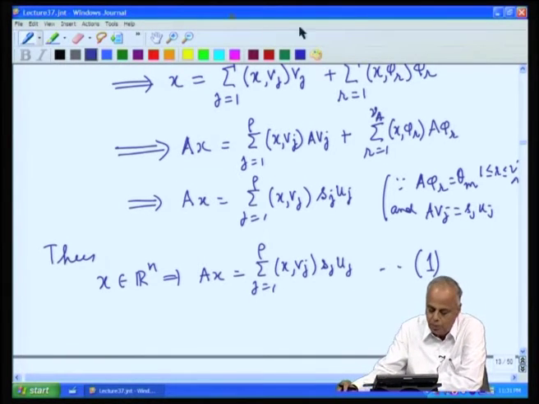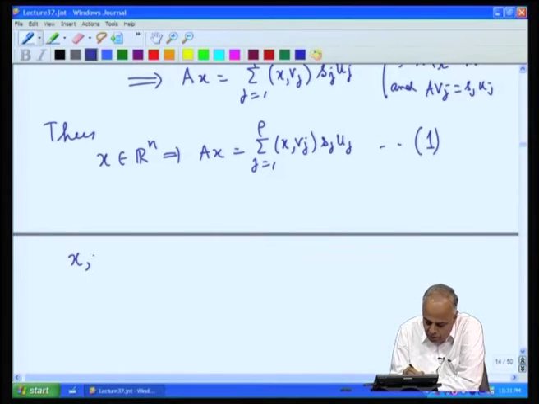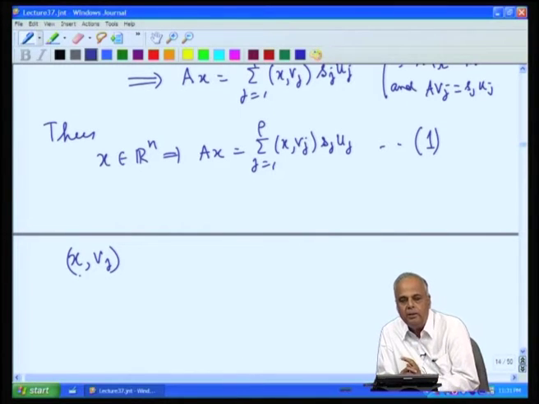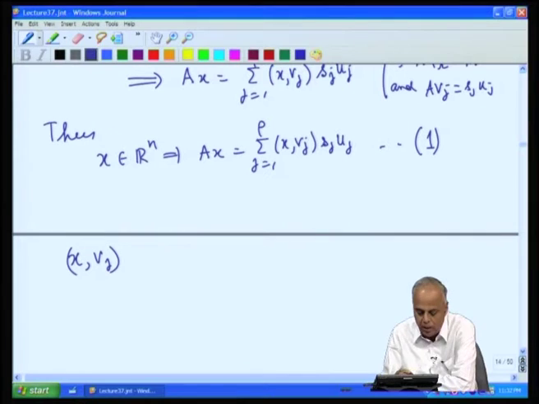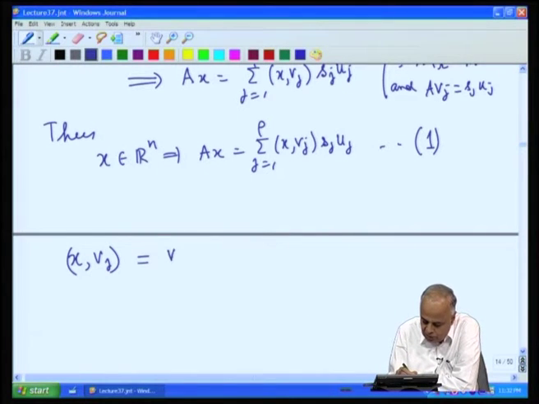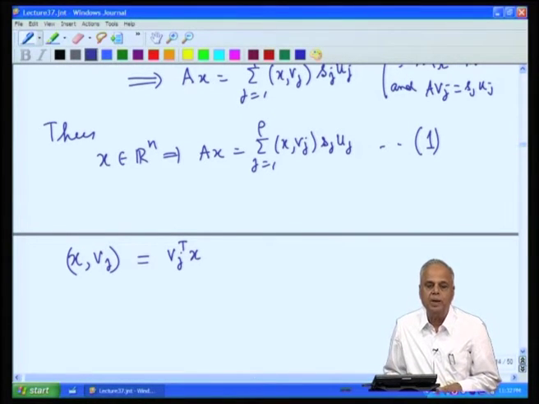Now, let us put this equation 1 in a different form. First of all, we observe that we are all in the real case. So, the inner product between x and v j is just v j transpose x. The inner product in the real case is v j transpose x; in the complex case it is v j star x.